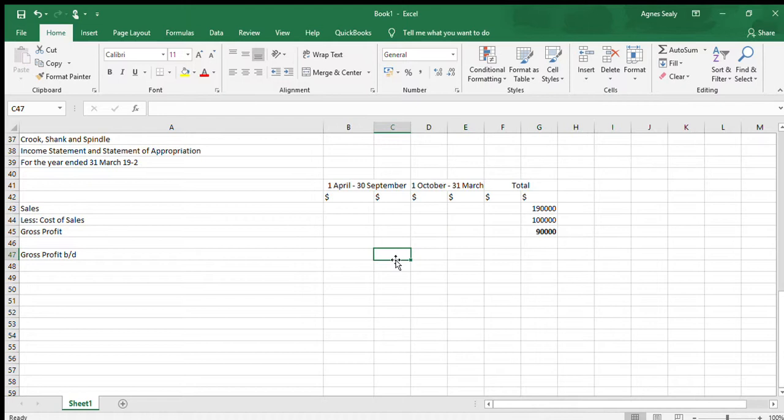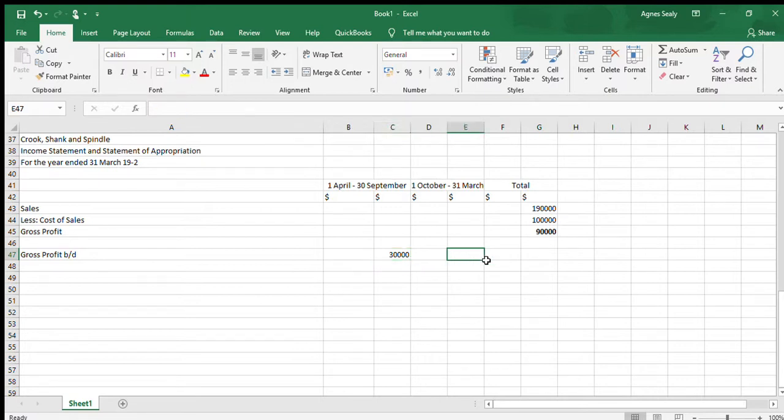So that is 90,000 times a third, which is 30,000.